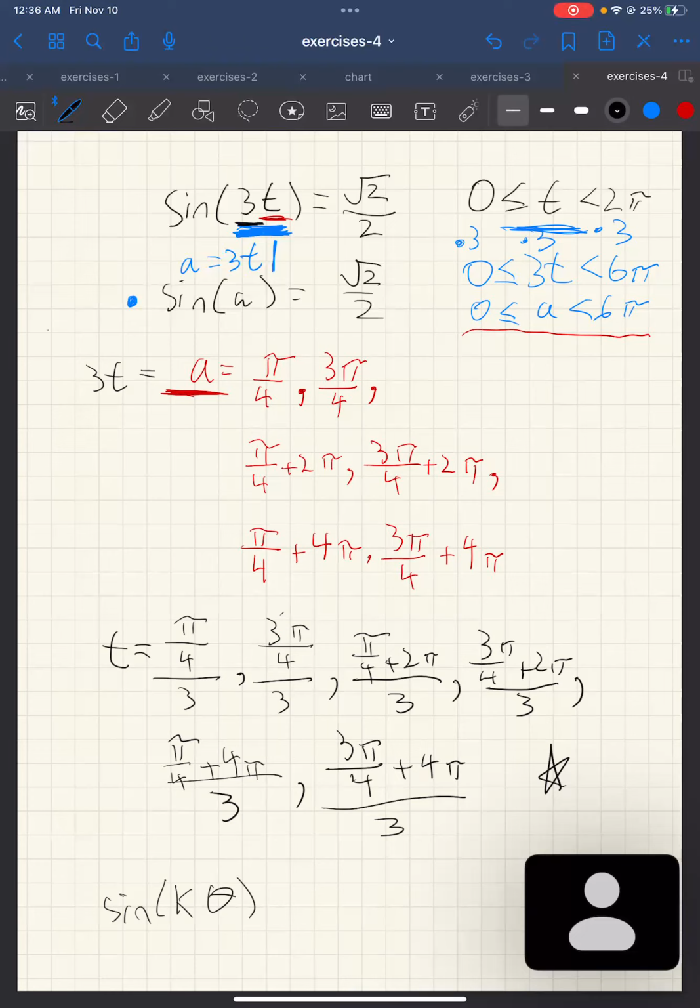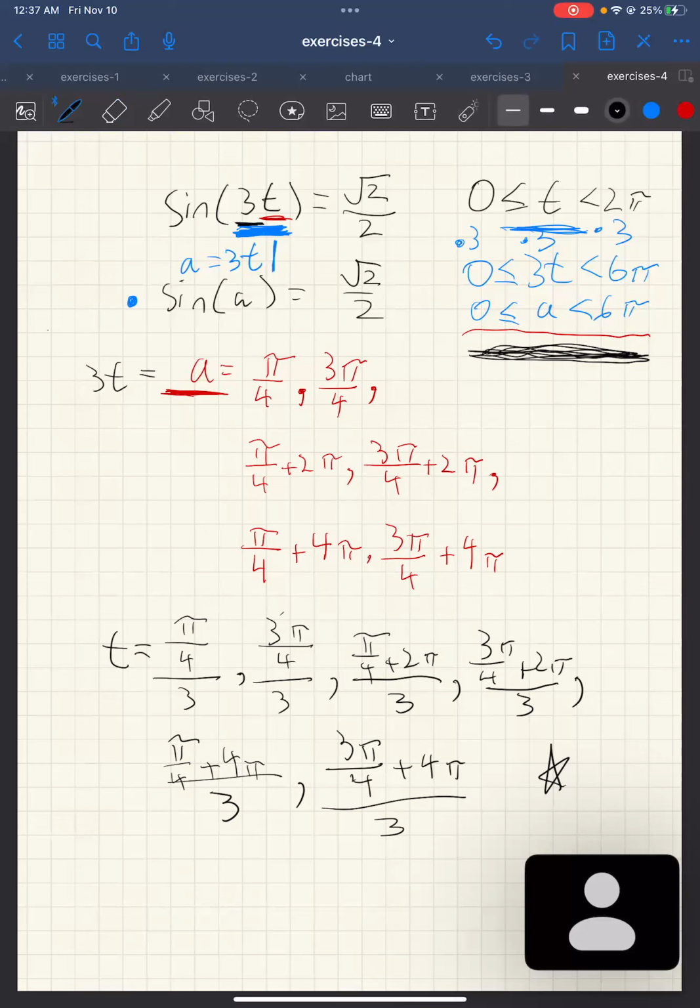All that really changes is just how many periods we're going to be looking in for our domain for a, and then what we divide our answers by, which is just going to be that k there. So we divided all of our answers by 3 on the previous. So now we divide all of our answers by k to solve for theta in this case.